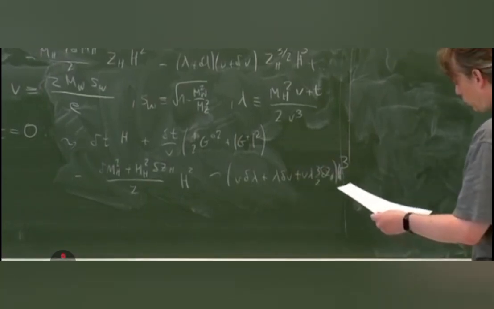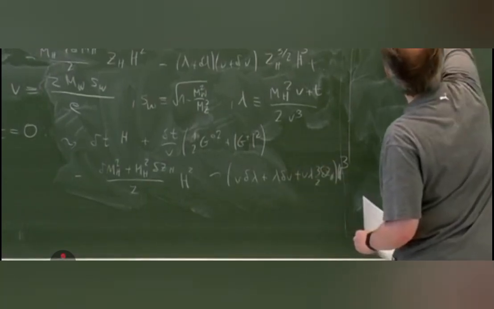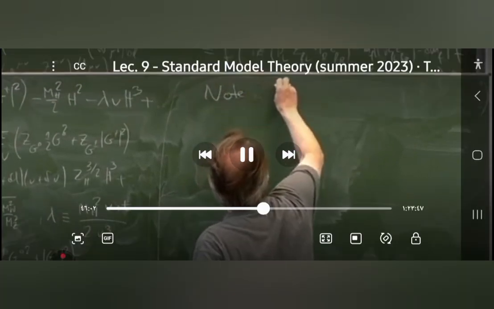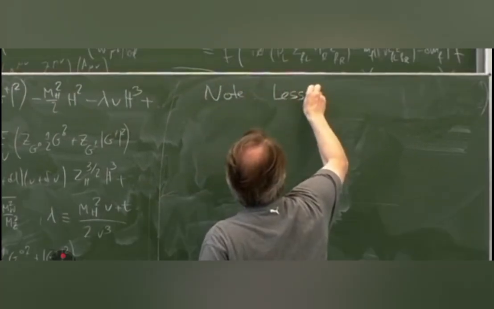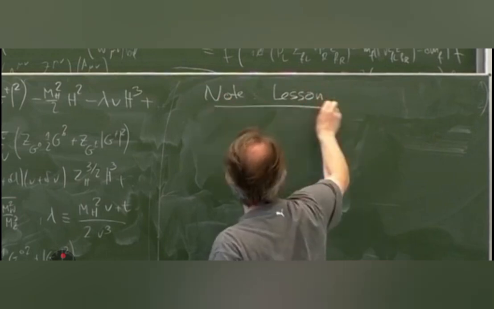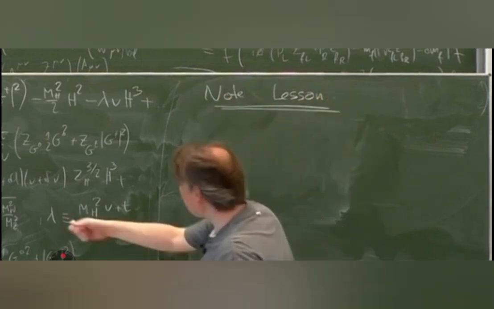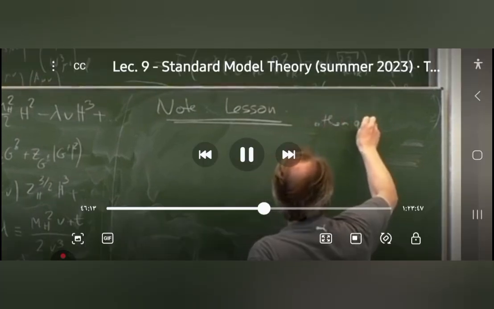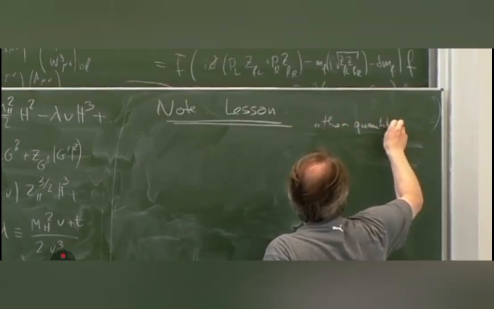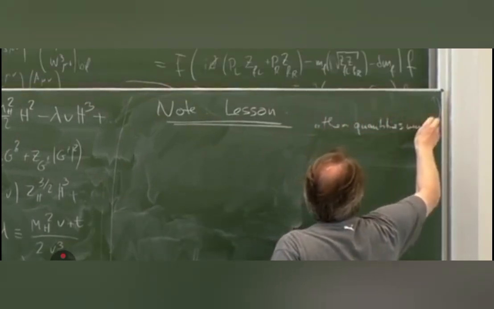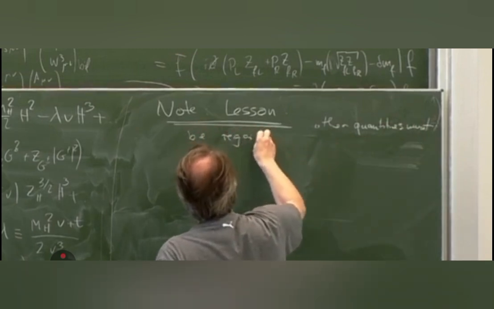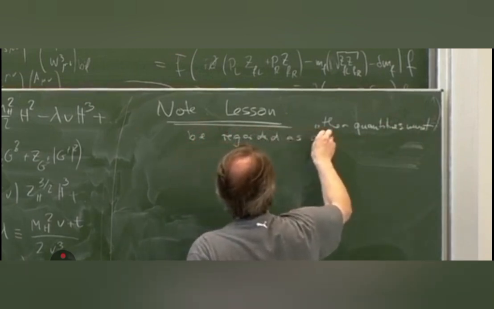Maybe let's do here an intermediate important remark. So we see this here, other quantities must be regarded as abbreviations.